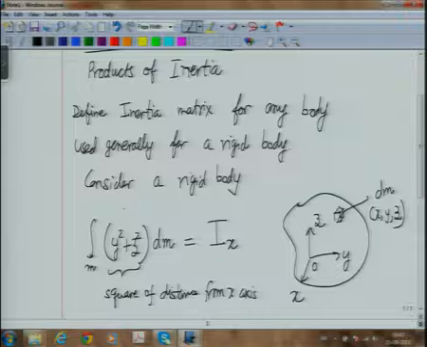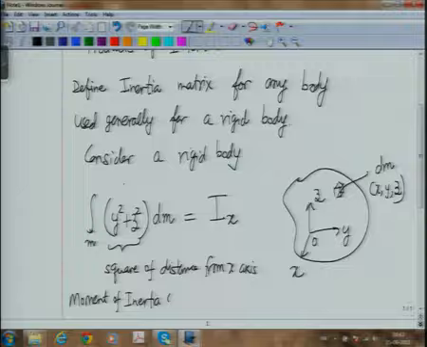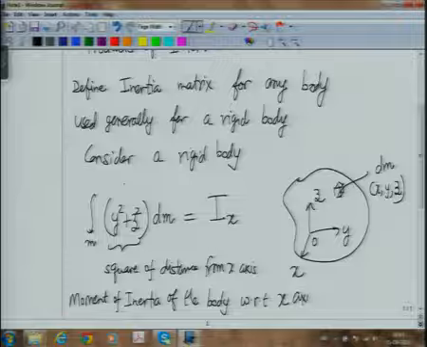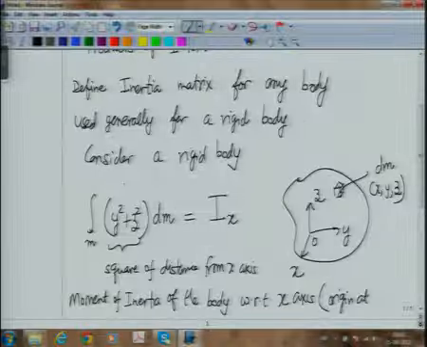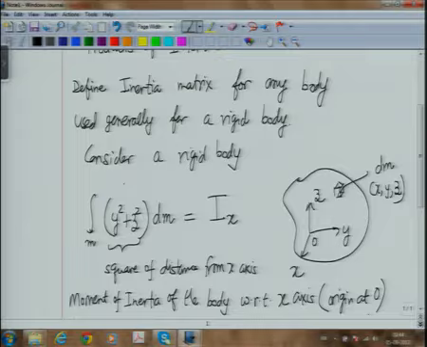So this is what I call the moment of inertia of the body with respect to the x-axis, and somewhere hidden is also the fact that the origin is at O.